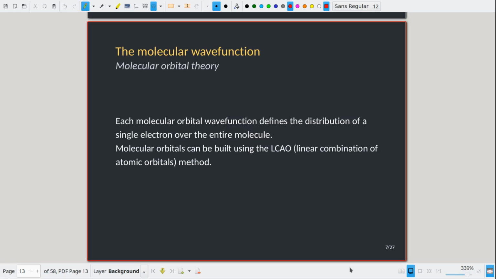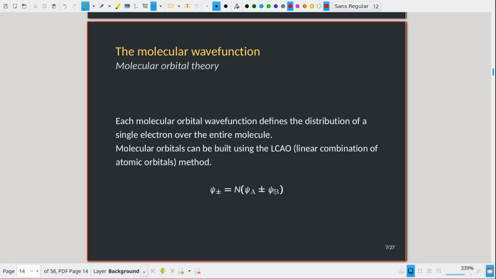So we've got 2 atomic orbitals, one that describes the motion of the electron in an atomic orbital around nucleus A, and one that describes the movement of the electron in an atomic orbital around nucleus B. And we can create a linear combination of these 2 atomic orbitals, represented by these 2 wave functions psi A and psi B, and this will be representative of our molecular orbital. So this is the wave function that describes our molecular orbital.